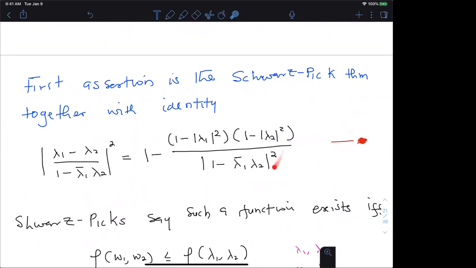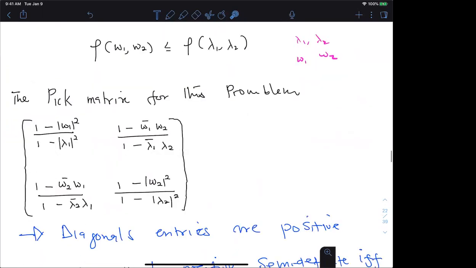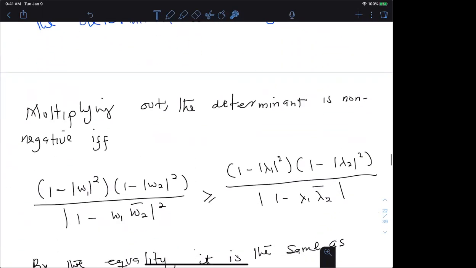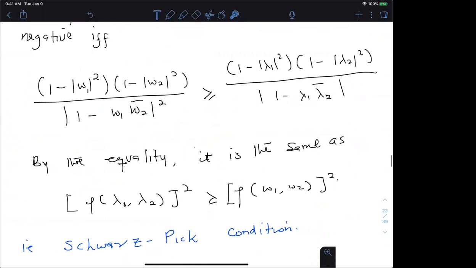So this is just equal to 1 minus the left-hand side. And the left-hand side, as we noted, is actually the pseudo-hyperbolic distance that we were talking about. So we end up with this inequality, which in actual sense is just the Schwarz-Pick condition. I mean, we can take out the square and we get back to where we started.